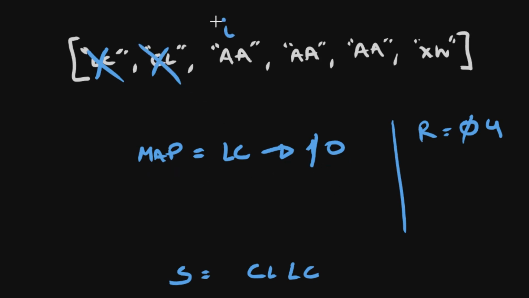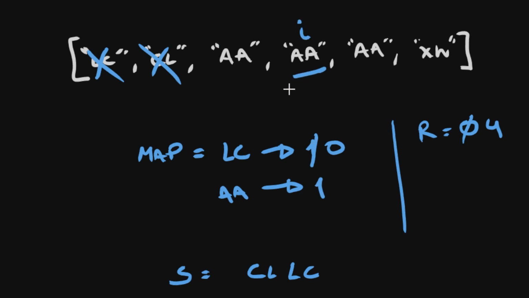Next, the i pointer is here, and we are checking if AA is in the map, and it isn't. So we add that as a key with a count of 1. And next we update i again.